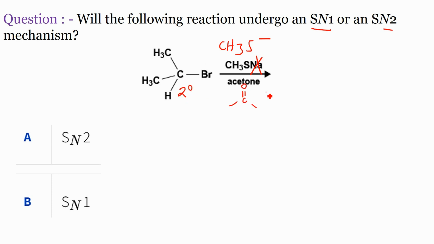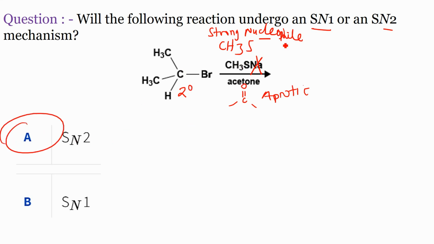Acetone is aprotic. And of course, this is a strong nucleophile. You see it has the negative charge. So all pointers, of course, the secondary substrate can go either SN1 or SN2. So we don't look at the structure of the electrophile. We look at what's provided on the arrow. So definitely SN2 for the reasons written on the board.